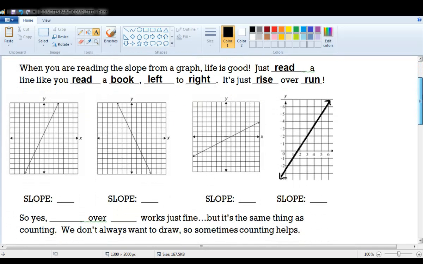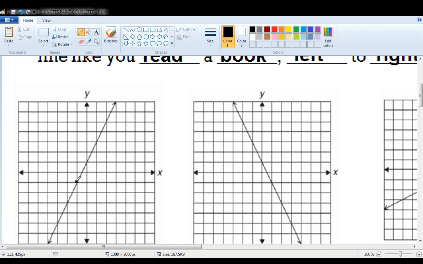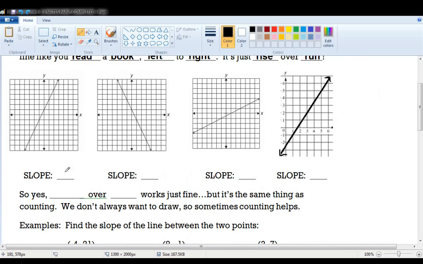Okay, so if we look down over here at the slope of this first line, if you were to take 2 points and carefully look, to go from one to the other from a rise over run perspective, you would have to rise by 2 and run by 1. So 2 over 1, which means the slope would be 2.